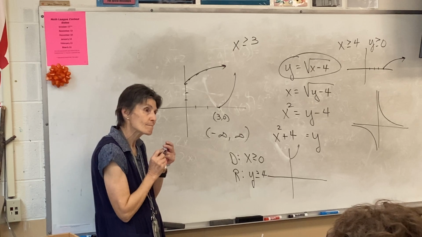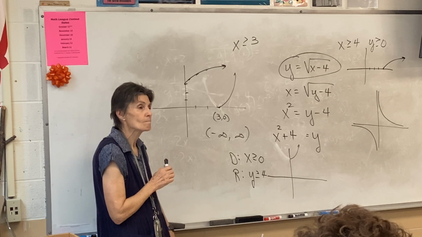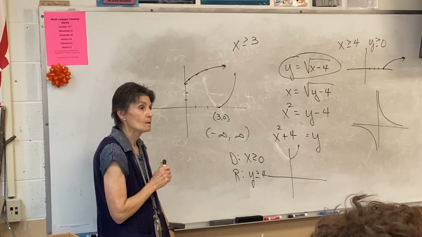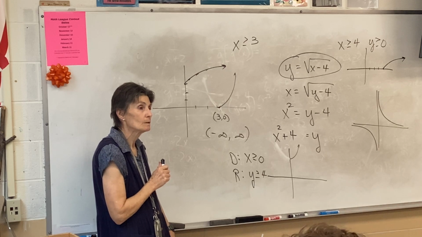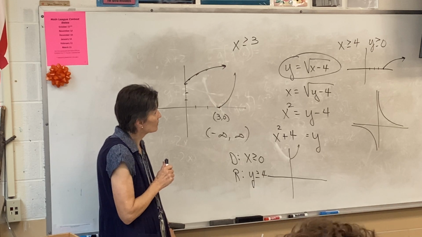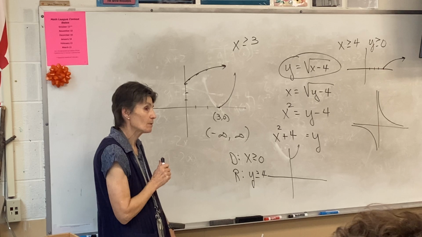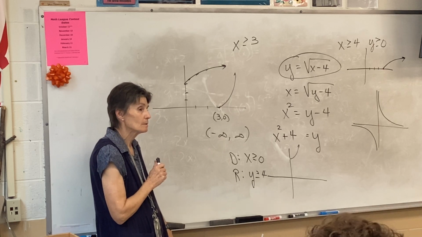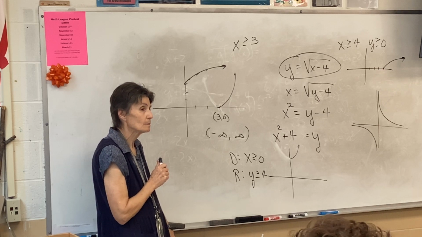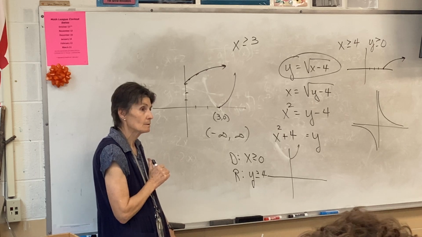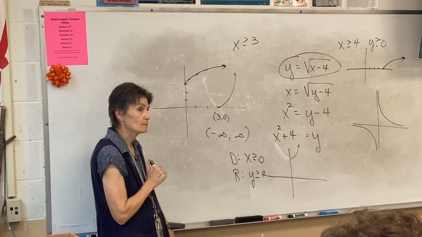Why is the range of the original y greater than or equal to 0? Because couldn't you still have a negative? How can you have a negative? Like in the original, the x minus 4 into the radical, couldn't that root be a negative? That y could equal a negative?